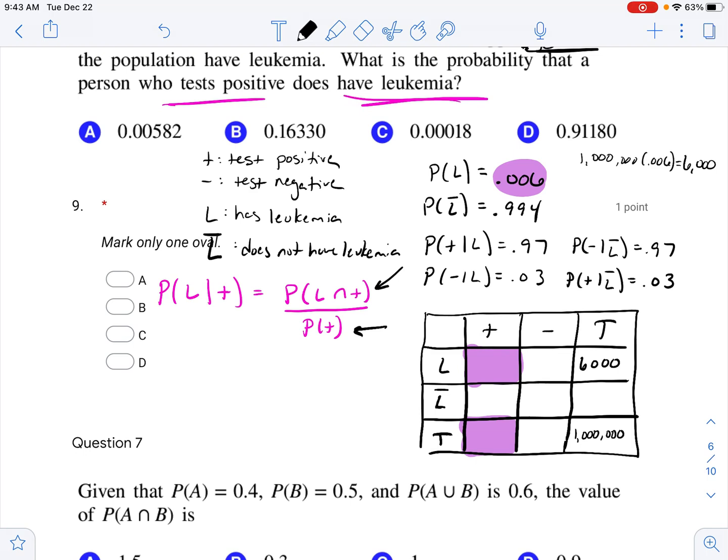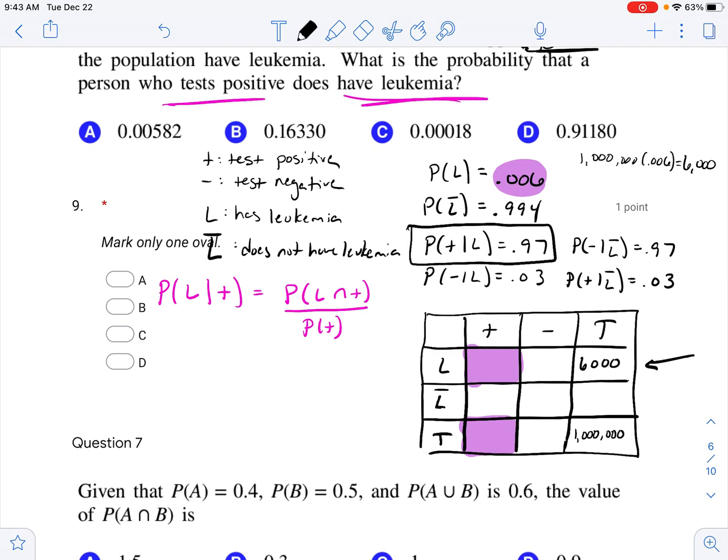So in any event, we figured out 6,000 people have leukemia because that's 0.006 of the population here. Now, we can use some of these conditionals to get this value that we're looking for right in here, the L and plus. So let's think about this. It says the probability that the test comes back positive given you have leukemia is 97%. So what that means is of the people with leukemia, 97% of them will test positive.